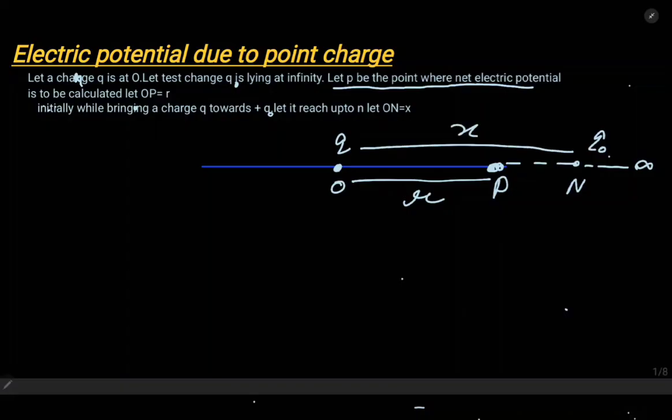Okay. Now first we have to bring this q naught charge from infinity to a particular point N, and the small displacement in bringing this charge from infinity to N is dx, and the distance between O and N is x. Okay.